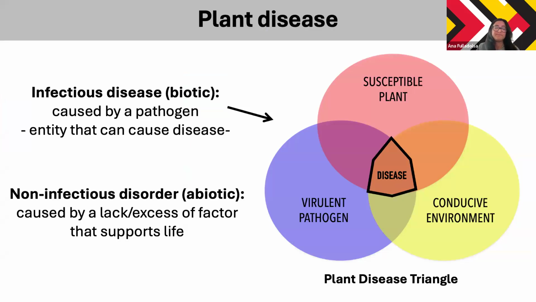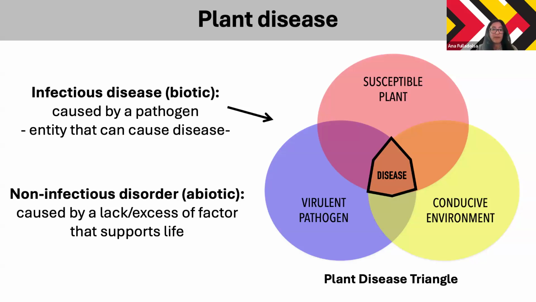And so this is infectious disease. There are other diseases that are abiotic. We sometimes call them disorders. And that is due to some environmental factor that is unbalanced or affecting the plant in an unusual way.